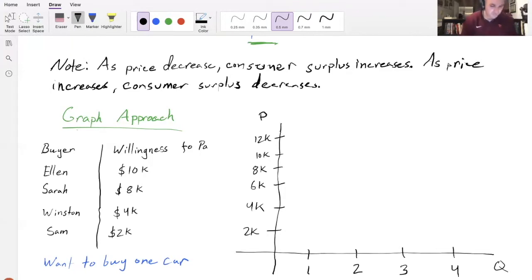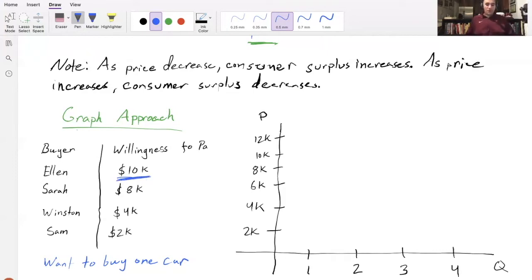Okay, so the way to do this is to figure out, first off, what is the highest willingness to pay? Who is going to enter the market first, essentially? Well, from our table, we see that Ellen had the highest willingness to pay at $10,000.